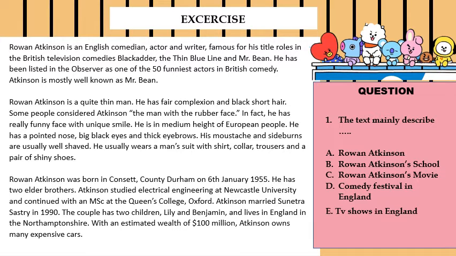He has 2 elder brothers. Atkinson studied electrical engineering at Newcastle University and continued with an MSc at the Queen's College, Oxford. Atkinson married Sunetra Sastry in 1990. The couple has 2 children, Lily and Benjamin, and lives in Northamptonshire, England. With an estimated wealth of $100 million, Atkinson owns many expensive cars.